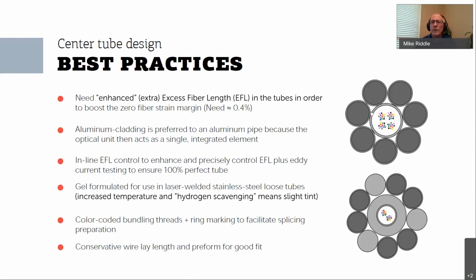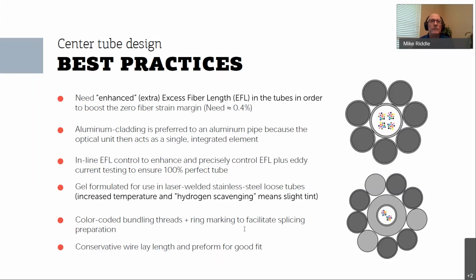When you're color coding the fibers, I talked about that before, and I mentioned there's bundling threads or ring marking. Well, you can actually do both, and splice techs like that. The bundling threads make it easy to separate the fibers into their groups. But if you're not careful, you can lose track of the bundling thread. And so ring marking gives you a backup if you lose track of a thread.